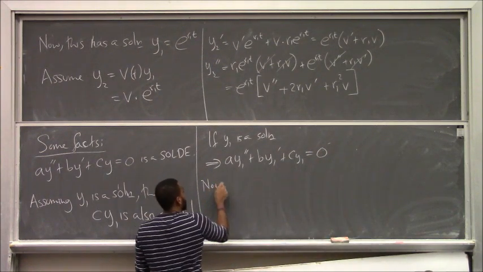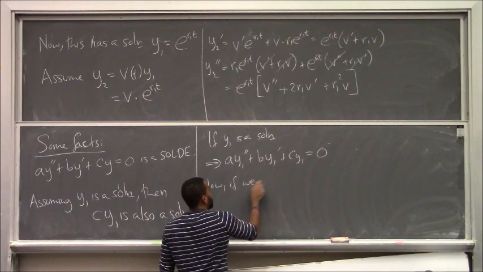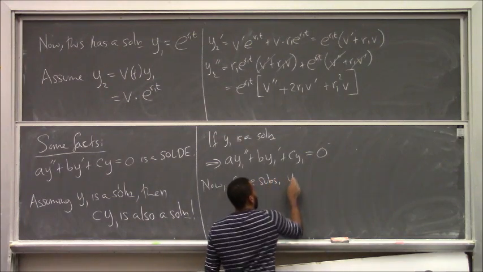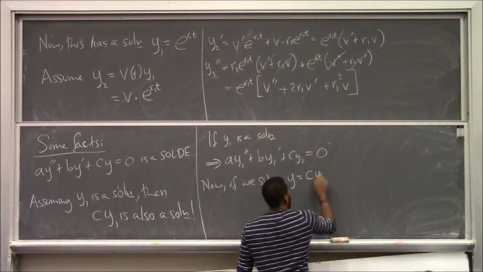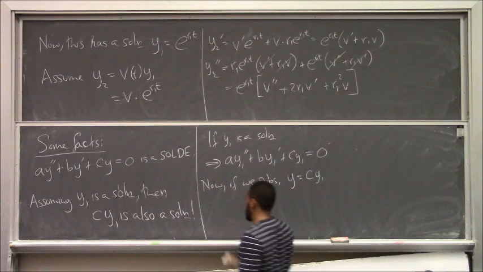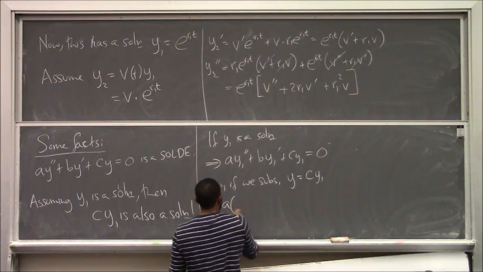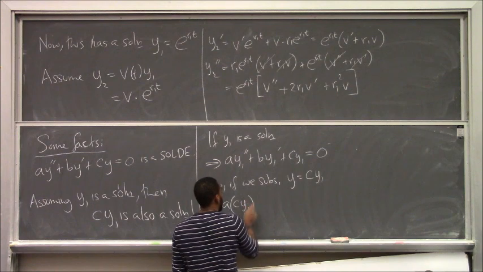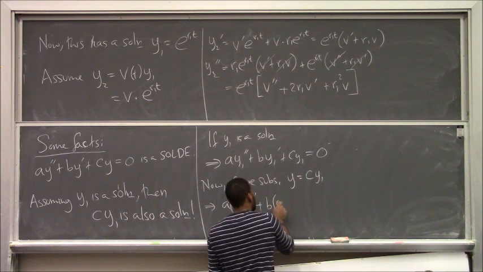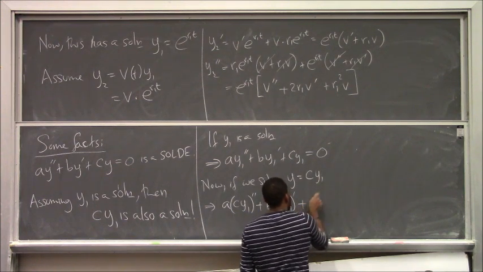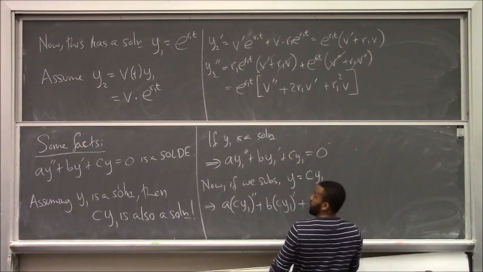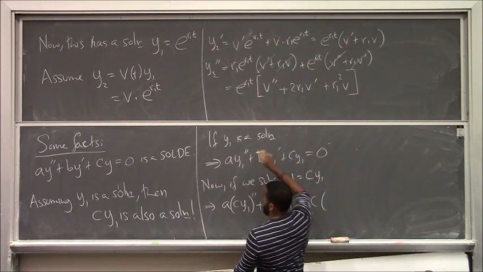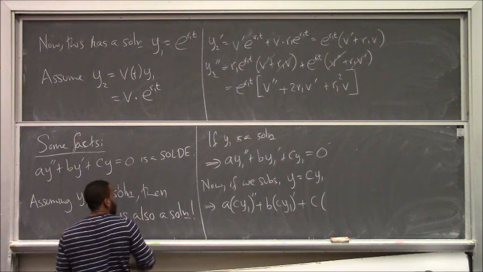Now, if we substitute y equals a constant times y1, what's actually going to happen? Well, I'll have a times a constant times y1 double prime plus b times a constant times y1 prime plus c times a constant times y1. This was a bad idea. Let's call it c1.